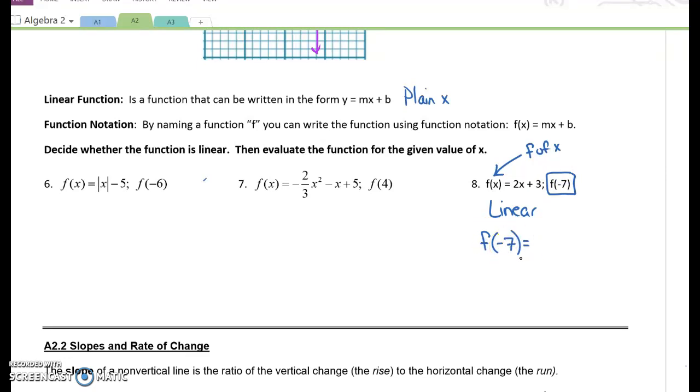F of -7 means take f, plug -7 into it, and see what you get. So 2 times -7 plus 3. That'd be -14 plus 3. You want to write your answer as f of -7 equals -11.